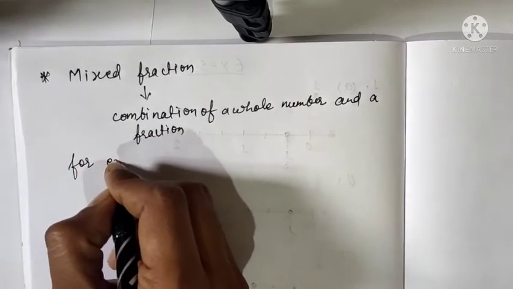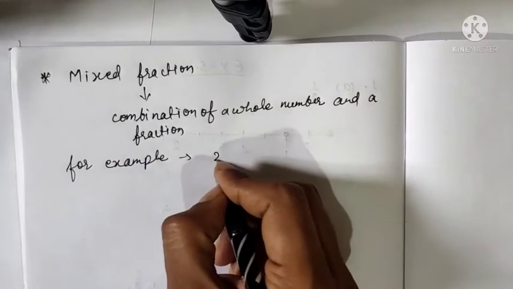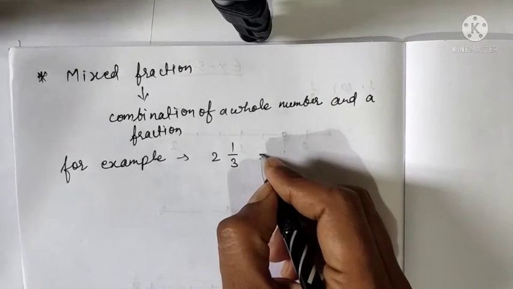For example, 2 1 by 3, that is 2 plus 1 by 3.